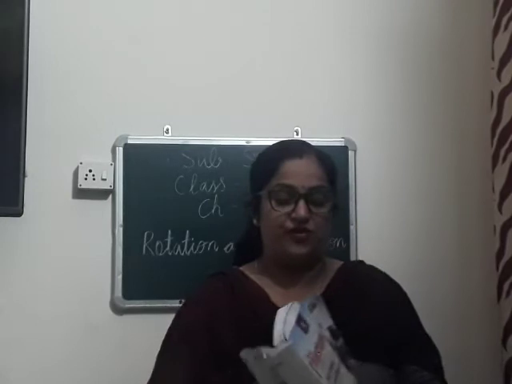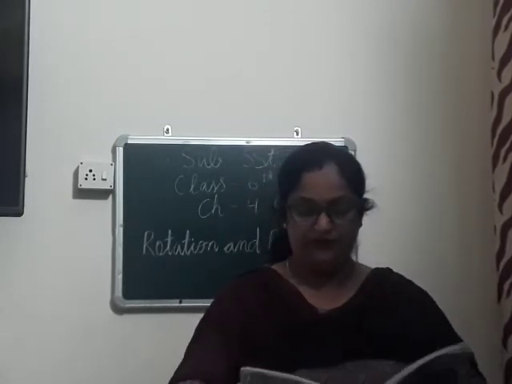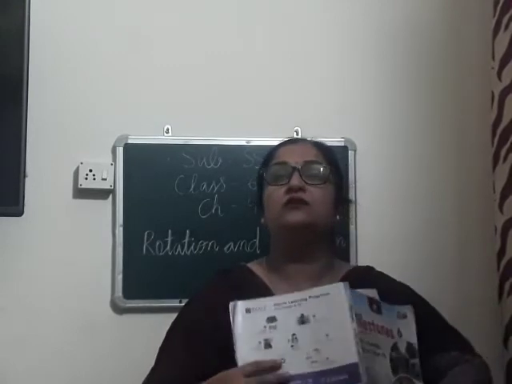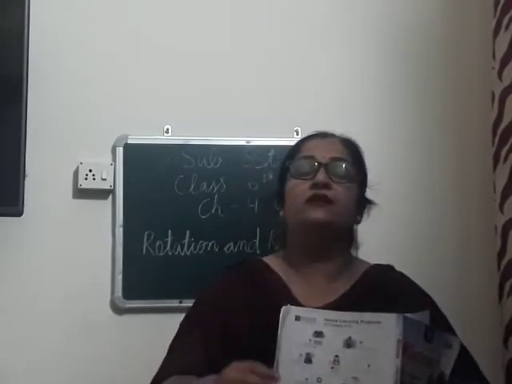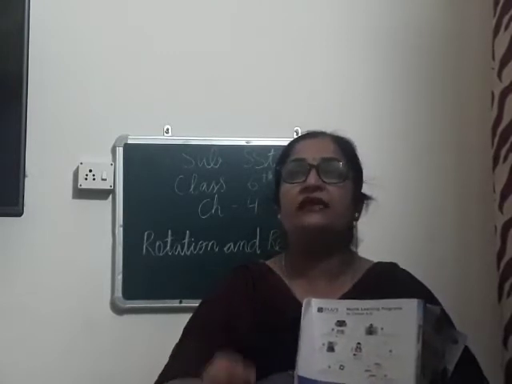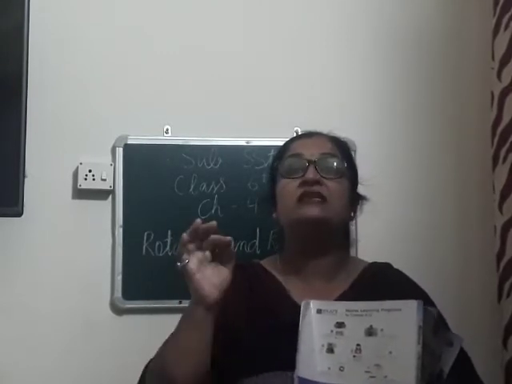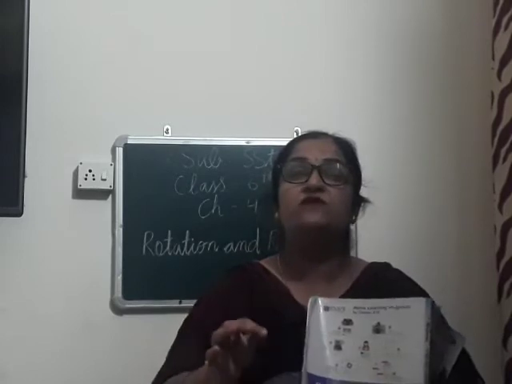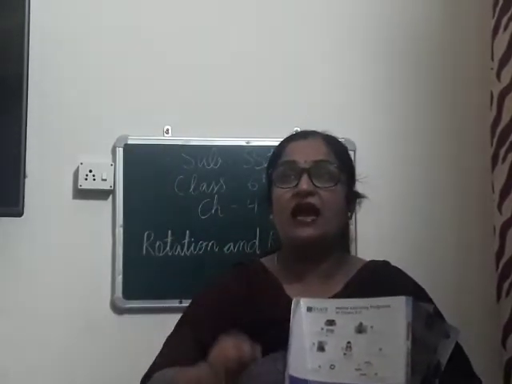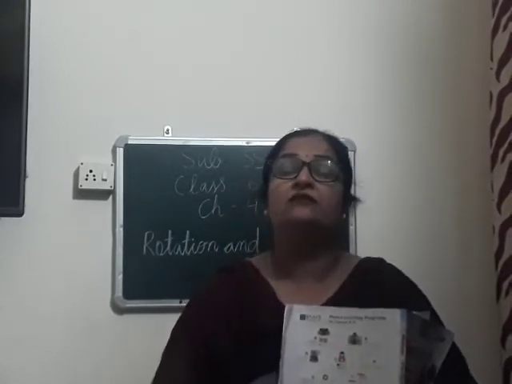Now, distribution of heat. How is heat distributed on the earth? We know that the part of the earth tilted towards the sun will receive which kind of sun rays? Direct sun rays, and more heat.